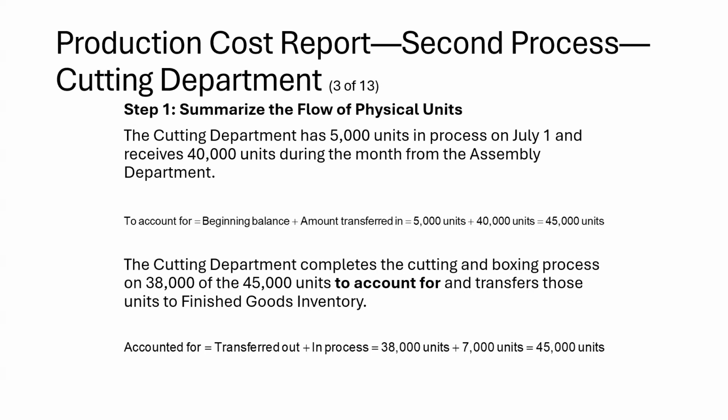The cutting department completed the cutting, and they also completed the boxing process on 38,000 units of the 45,000 units to account for, and they transferred those units to the finished goods inventory. So we have 7,000 units that must still be in process, and we have accounted for all units.